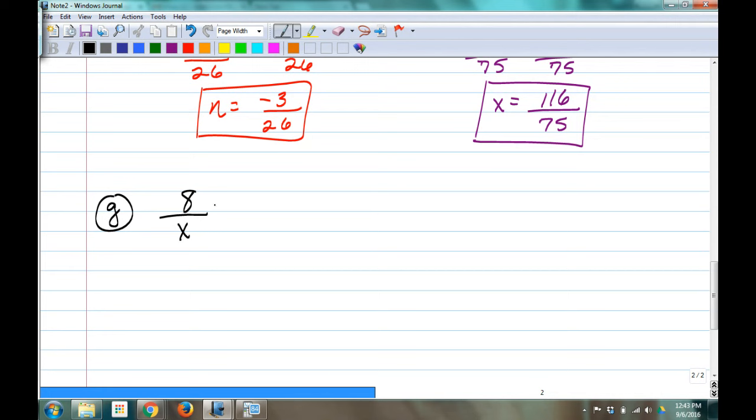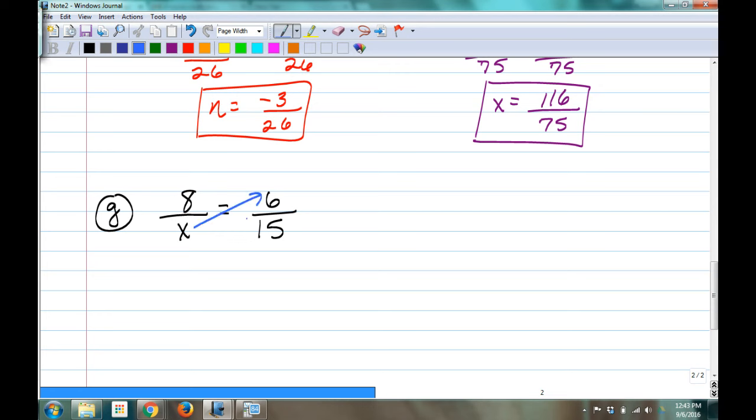Go back to an easy one. 6 over 15 on one side and 8 over x on the other one. Is that a proportion? It's a fraction on one side and a fraction on the other side. Yeah, so it is a proportion.